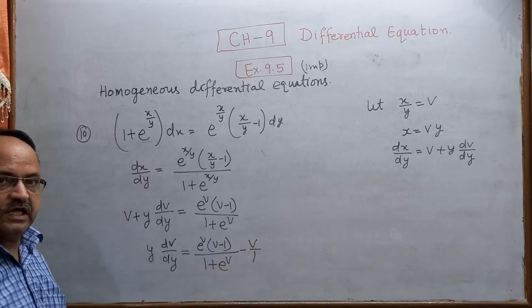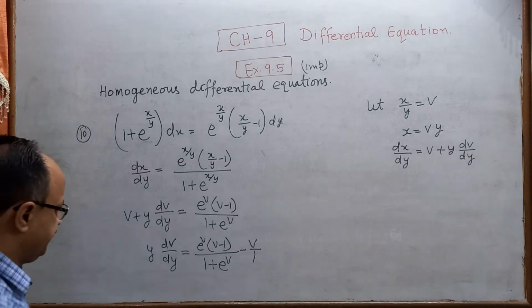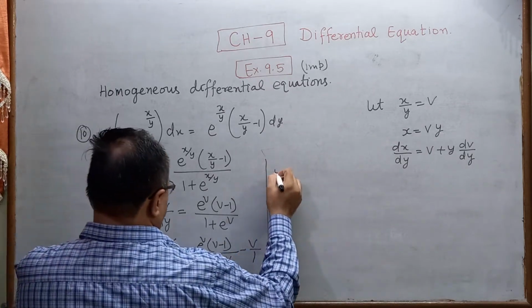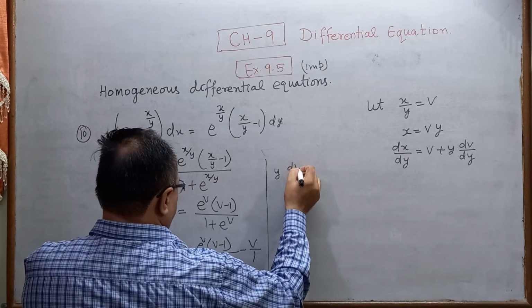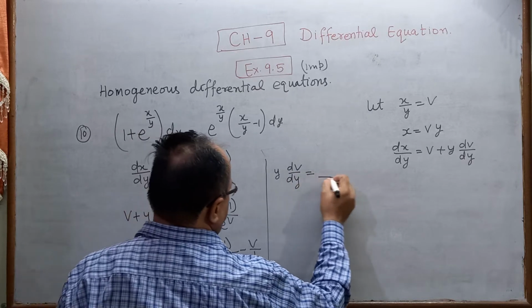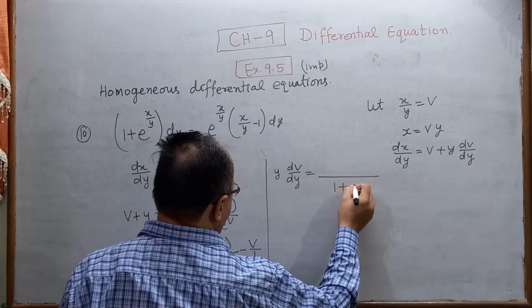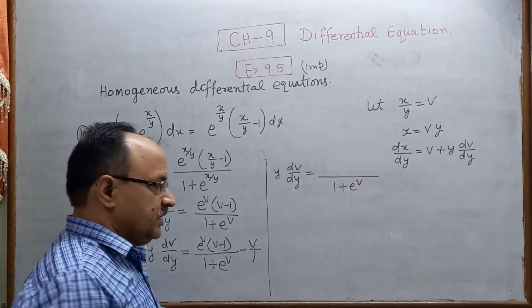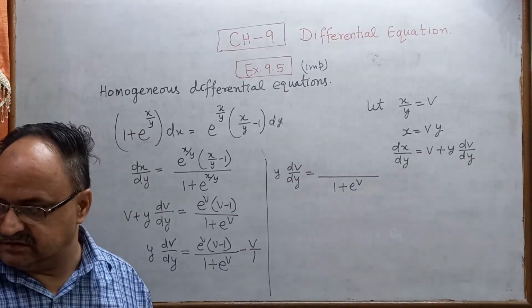Now we can take LCM. You can take here LCM, that is y dv by dy is equal to, take LCM, 1 plus e to the power v, correct? Okay.